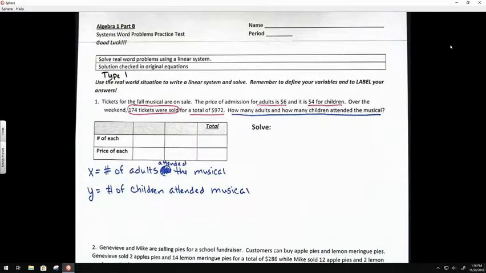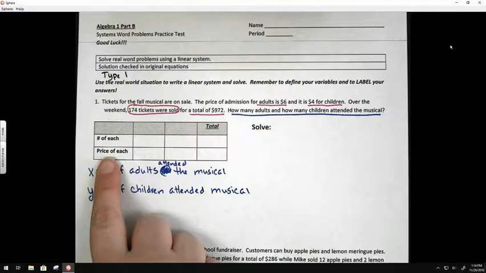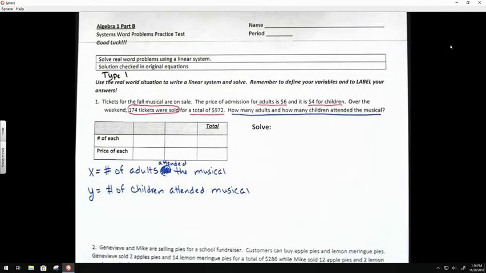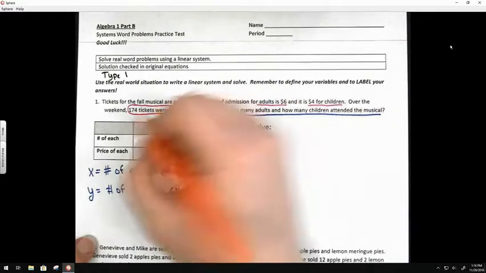We gave you the boxes here to help you out a little bit. The two different things that we're talking about here are children and adults.